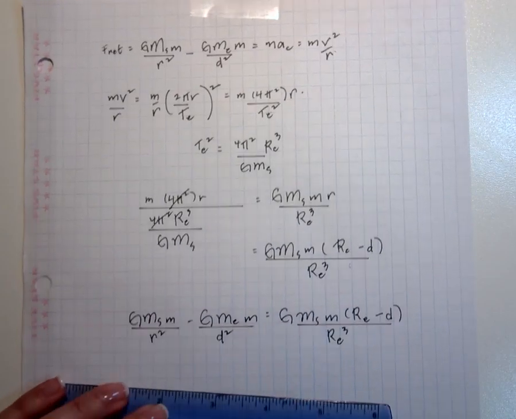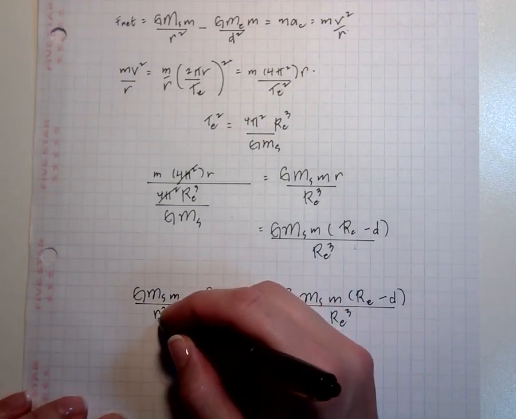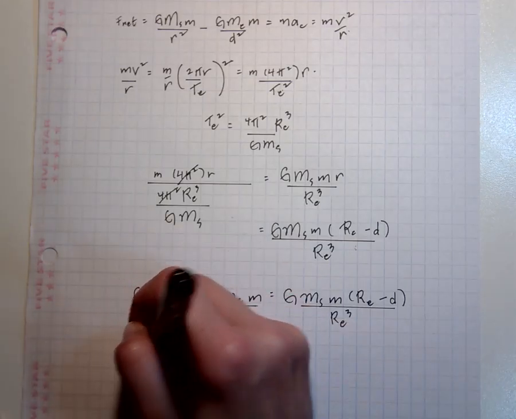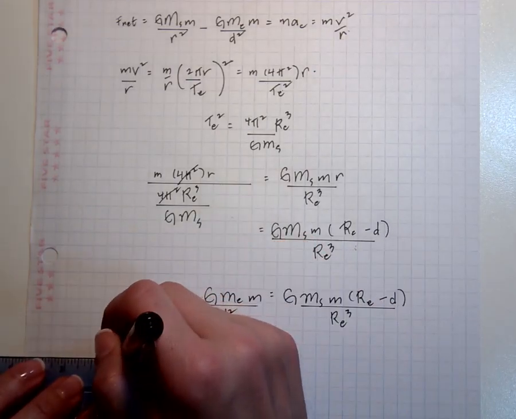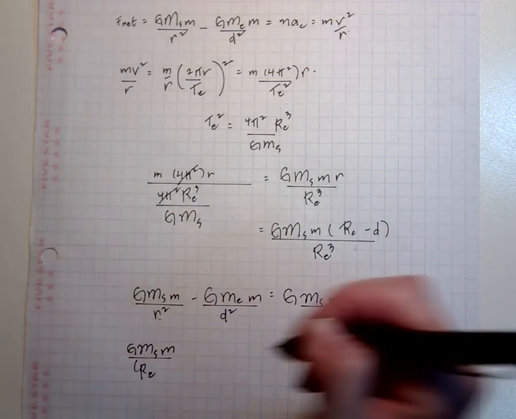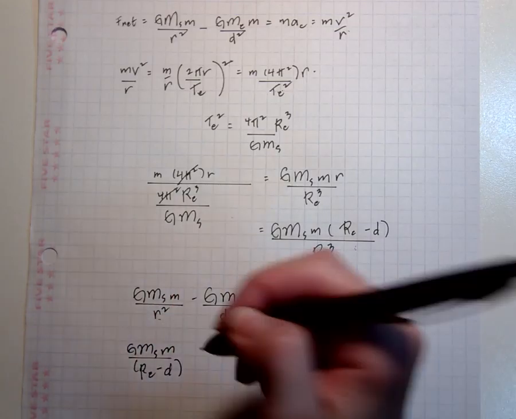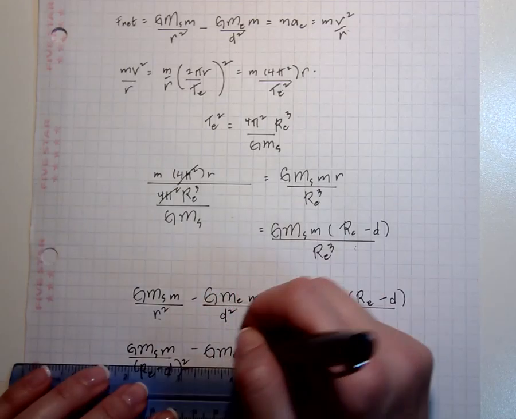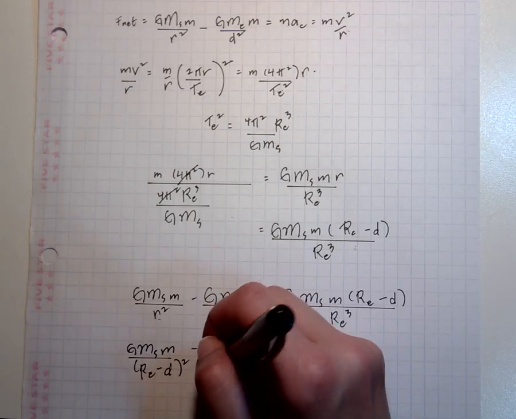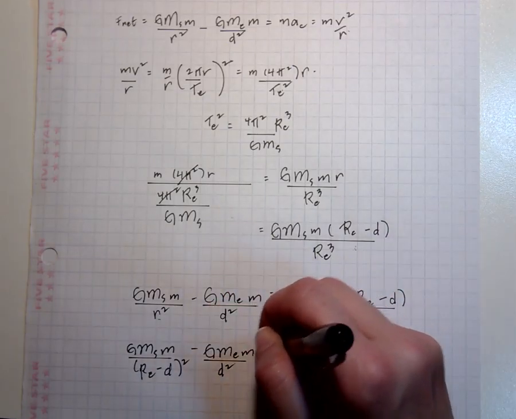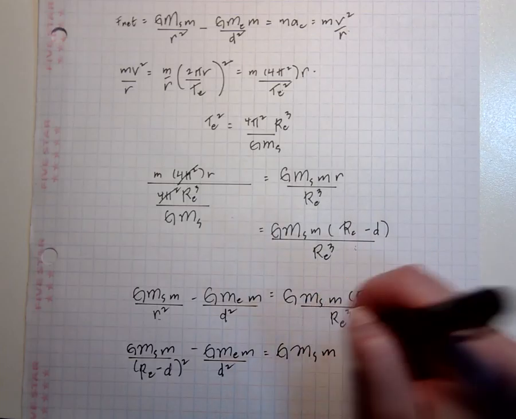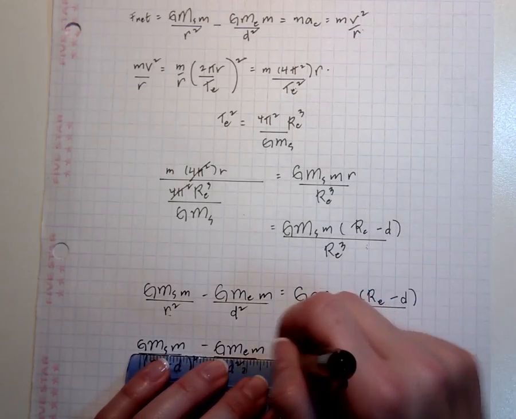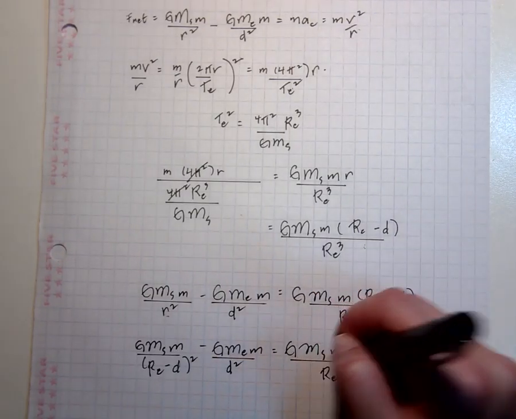And let's do one more thing. Let's fill in, instead of little r, the orbital radius of the Earth minus d. So we take G, mass of the Sun, times the mass of the satellite over the orbital radius of the Earth minus d squared, minus G times the mass of the Earth times the mass of the satellite over d squared, equals G times the mass of the Sun times the mass of the satellite times the radius of the Earth minus d over the orbital radius of the Earth cubed.